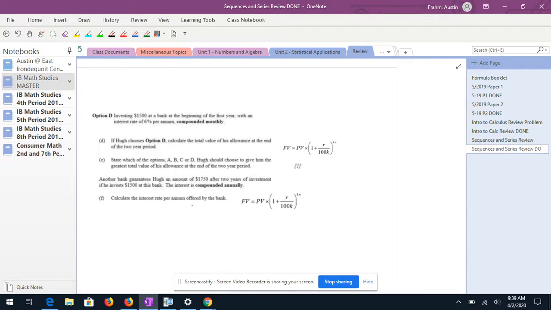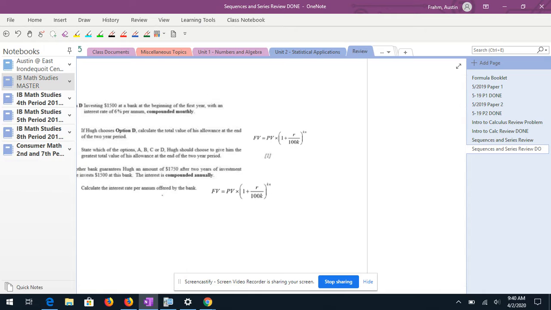Going on to part D, it says if Hugh chooses option D, calculate the total value of his allowance at the end of the 2-year period. Okay, part D is the compound interest problem, so we're going to be using the FV equation. So FV is going to equal our PV, which is 1,500, times 1 plus the R value, which is the interest rate, which is 6%. Do not change it to a decimal. Times 100 times K. K is how many times it's compounded per year, which is 12 because it's monthly. And then we do it to the K times N power.